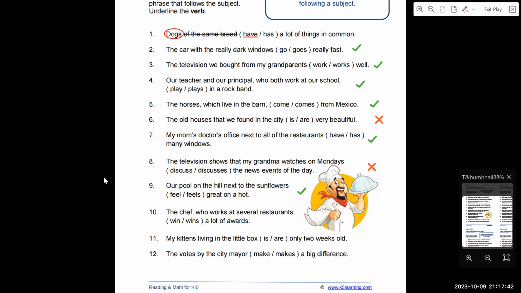10. The chef who works at several restaurants wins a lot of awards. Okay, very good. I thought you would get confused with the restaurants. So the answer for that is wins. Because the subject is the chef.